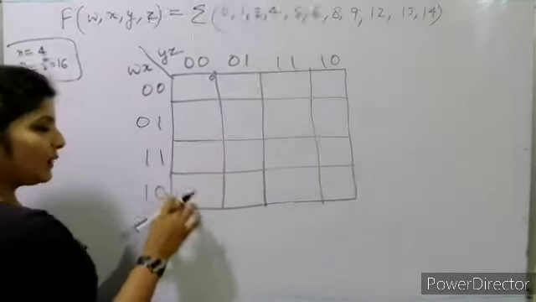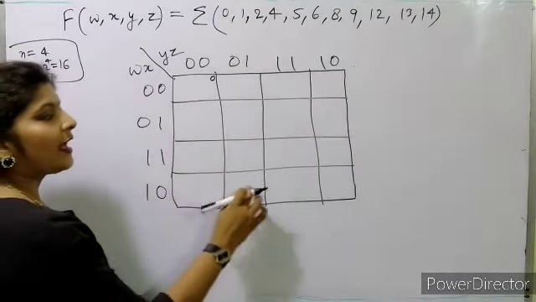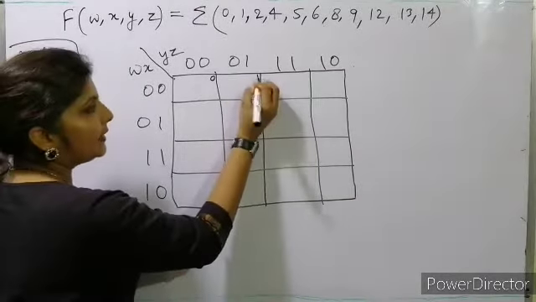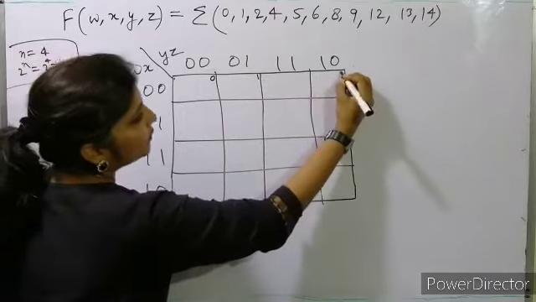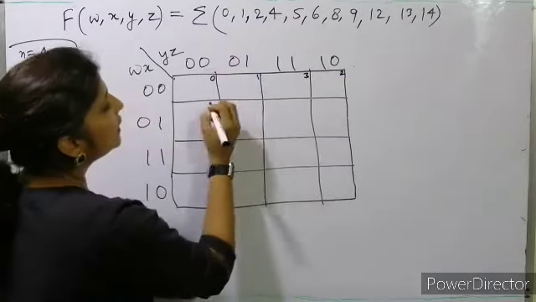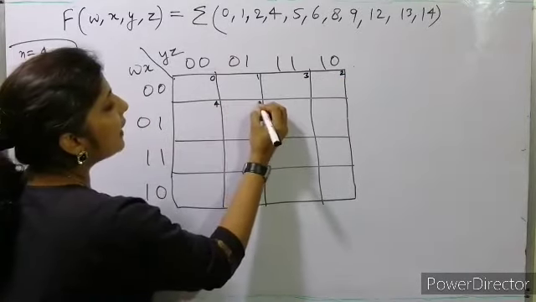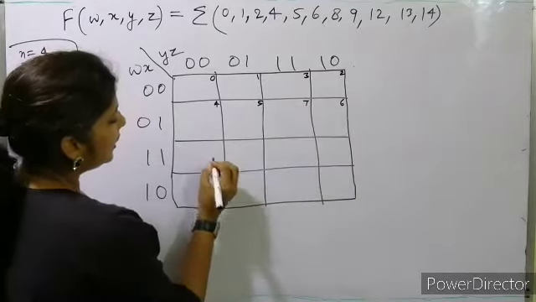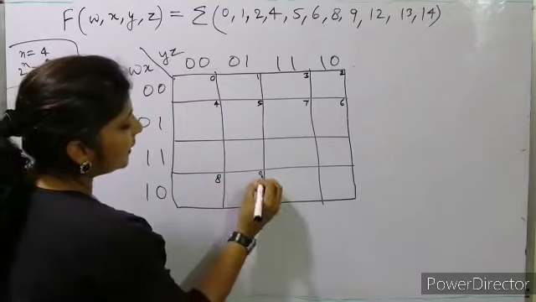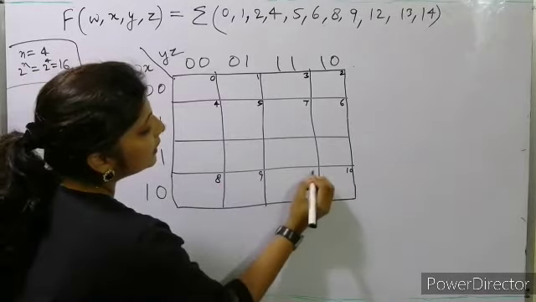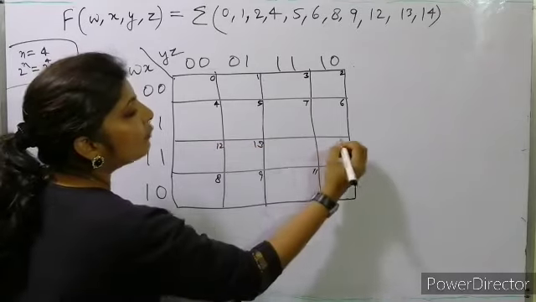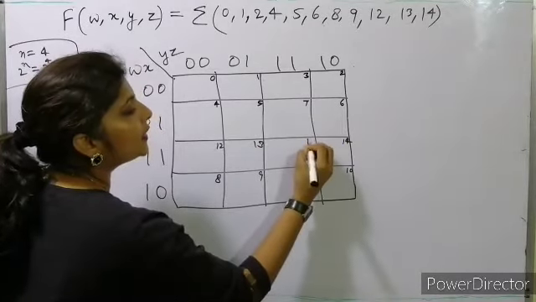Now this is 1 1, so we'll take this one first. 8 9 10 11 12 13 14 15. Okay, so I'm writing this to make you understand better. 2 3 4 5 6 7 8 9 10 11 12 13 14 and 15.